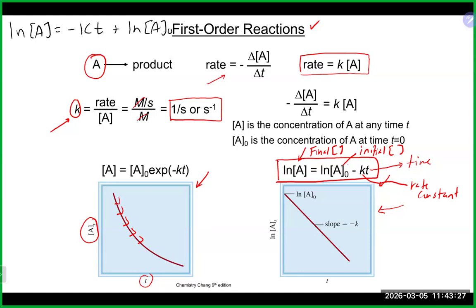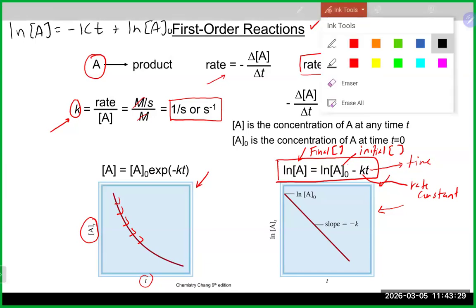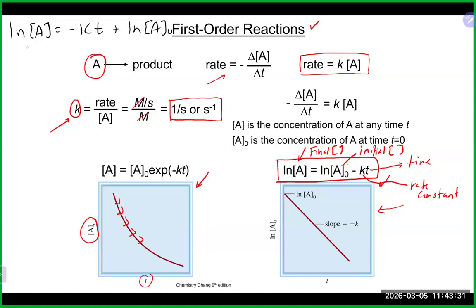This is the integrated rate law in the form of everybody's favorite equation, the straight line, y equals mx plus b. And that is how we get the graph that we see associated with the first order reaction on the right there. On the y-axis, there is the natural log of A. On the x is time.